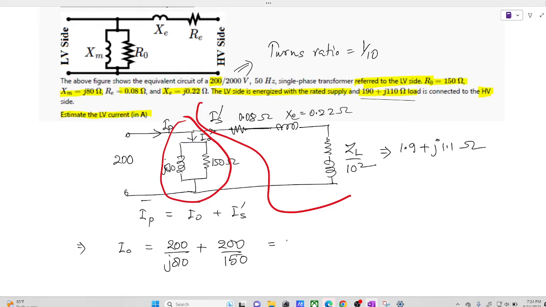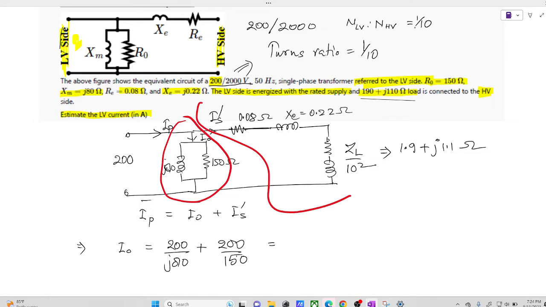Since they have specified the high voltage side, this is the high voltage side, 200, sorry, and this is the low voltage side. So in the question itself they have given 200/2000 volt. That means N_LV to N_HV is 1 by 10.